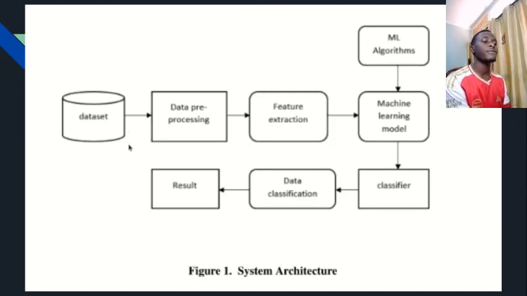After the feature extraction, we have the machine learning algorithms, and these two help us create the model. We have the right data and the right algorithm, so we create a model. It learns through classification, and classification is under supervised learning, so these people adopted supervised learning.